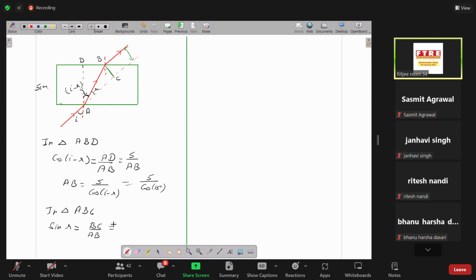So BC equals AB into sine R. AB is 5 upon cos 15, and sine R is sine 45. So that means 5 by root 2 into cos of 15 degrees.